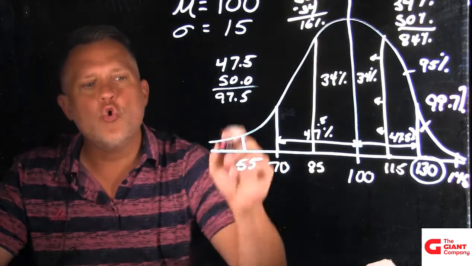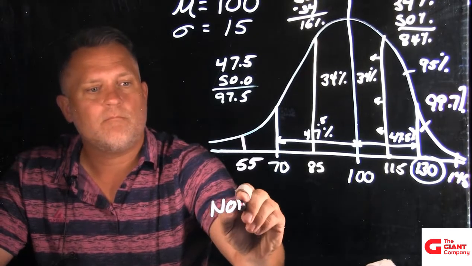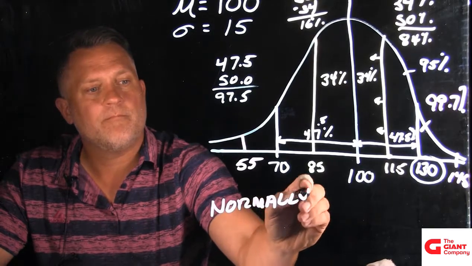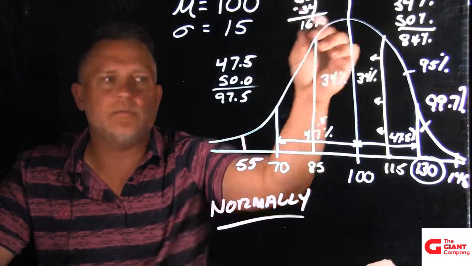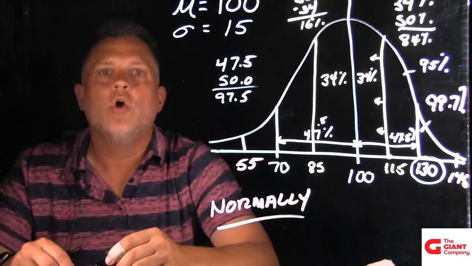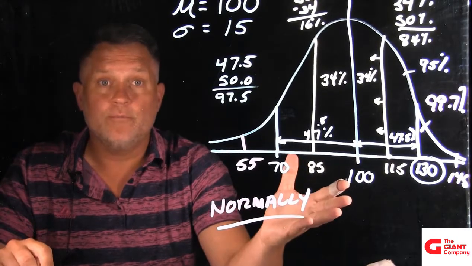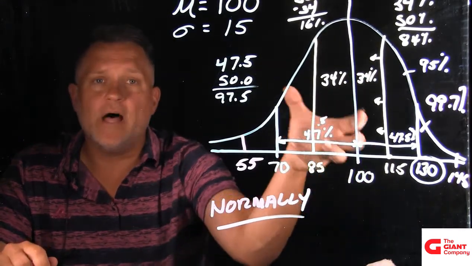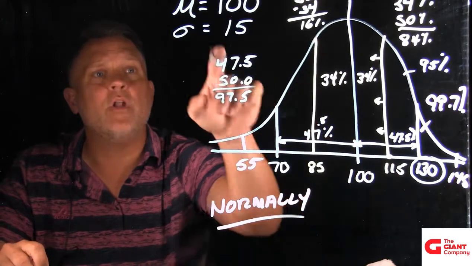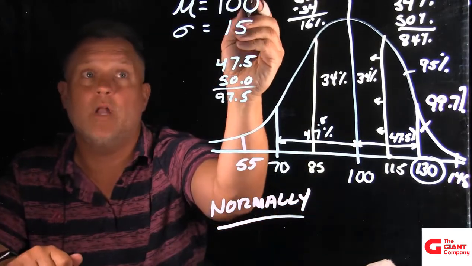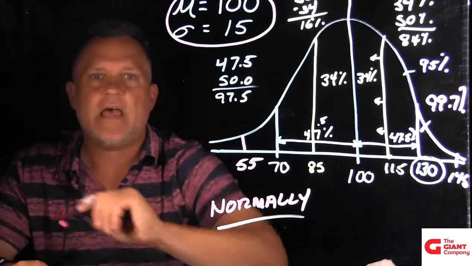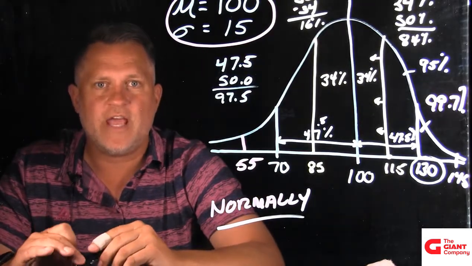And again, any normally distributed data that takes this bell-shaped curve, you'll be able to make a lot of inferences from that data. And we don't always need the population mean and the population standard deviation.